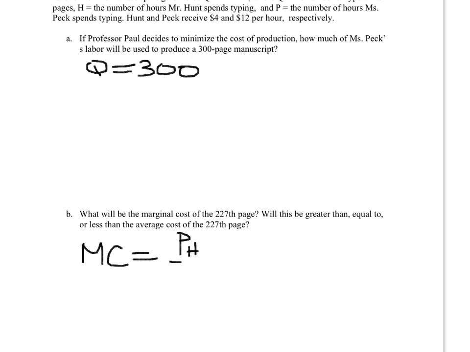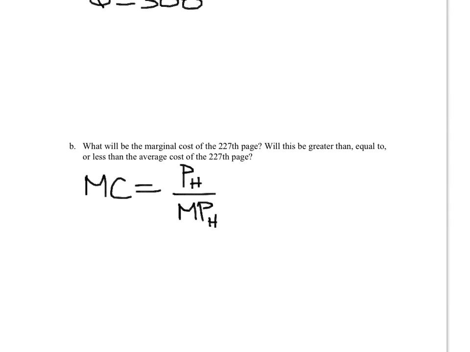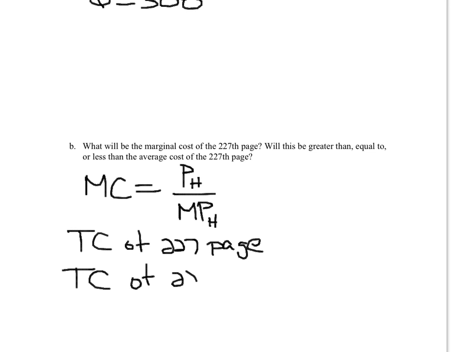Say P of H over the marginal product of H. Another way of finding this would be simply to calculate the total cost of the 227th page, and then calculate the total cost of the 226th page, and then subtract them from each other. That's the marginal cost. But either way you do it, it's actually okay.